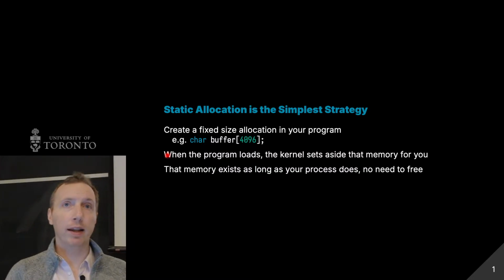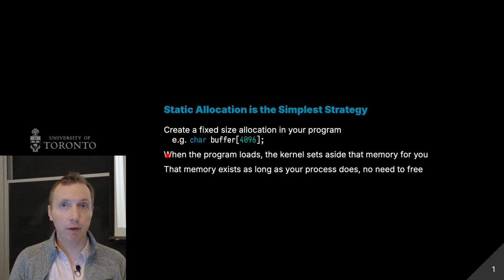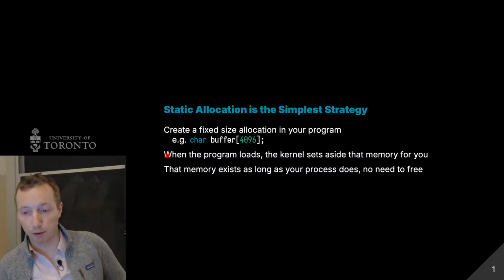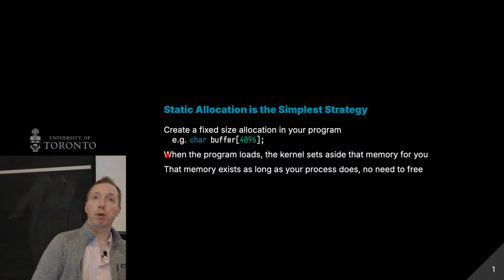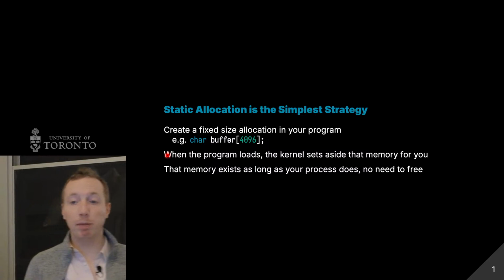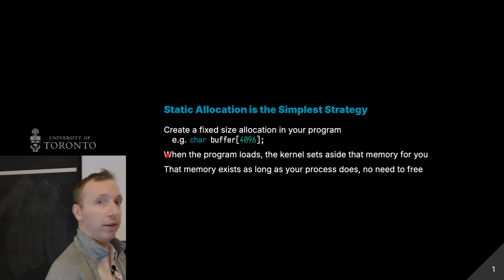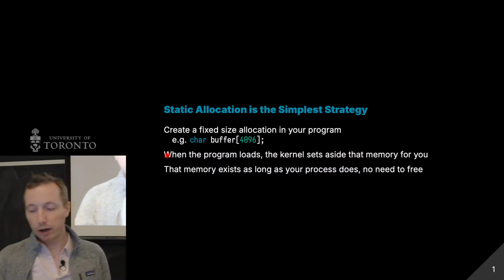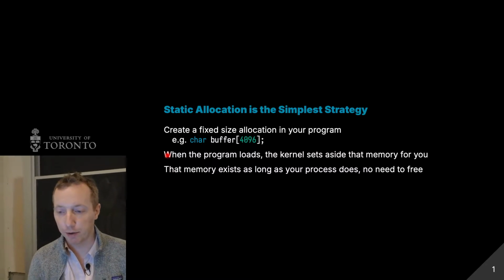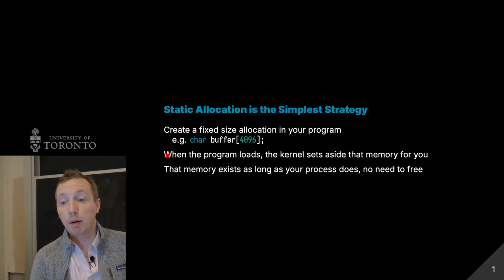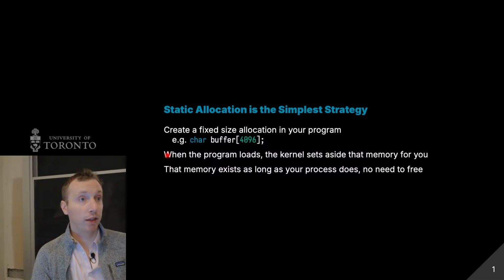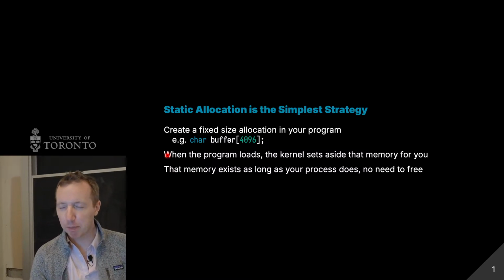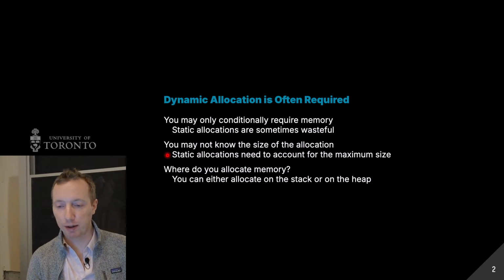It'll set aside that memory for you, allocate pages before your program actually starts running. And then when your process starts running, that memory exists as long as your process exists. There's no need to free them. As soon as your process terminates, all that memory is freed by that kernel. So that is the simplest thing to do, but not the best thing to do in most cases.